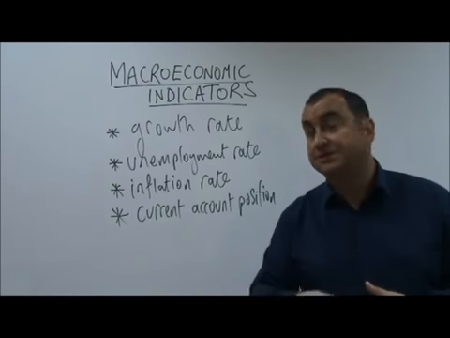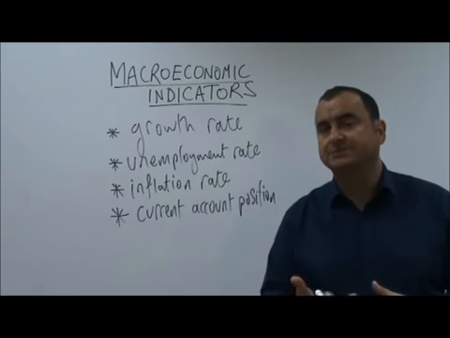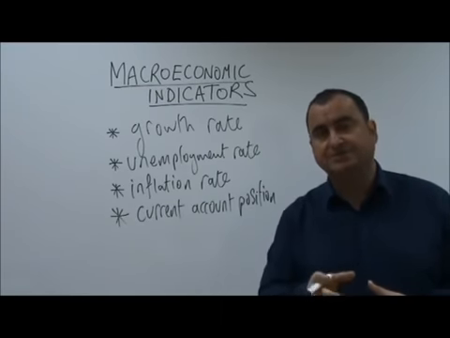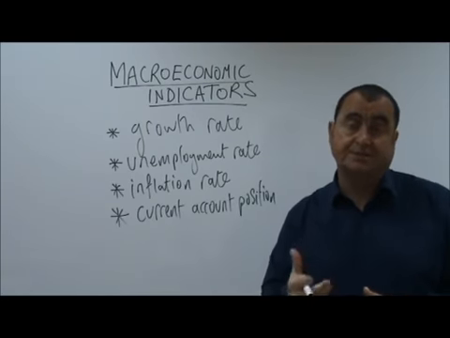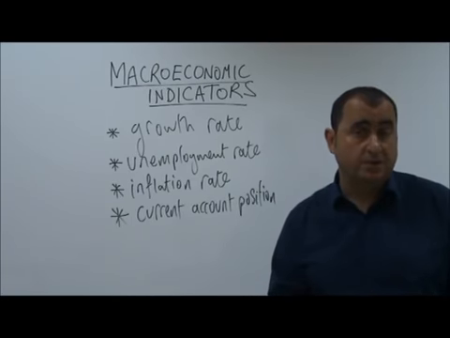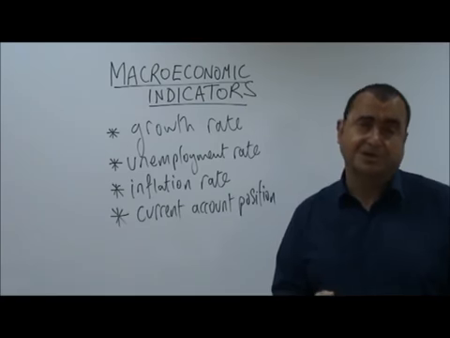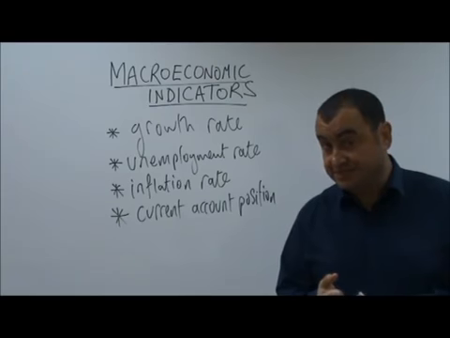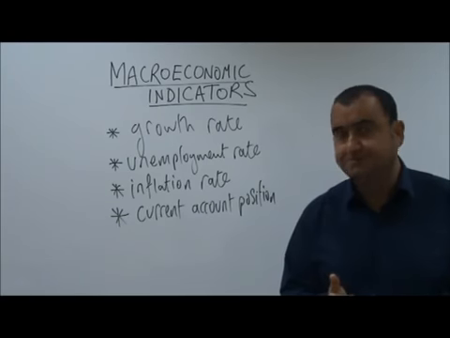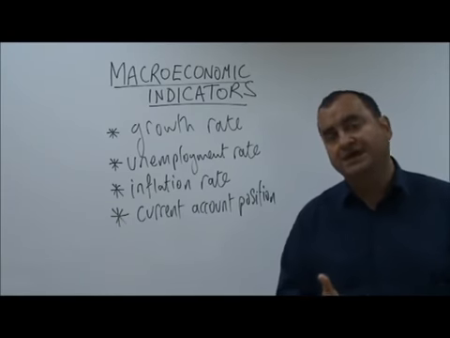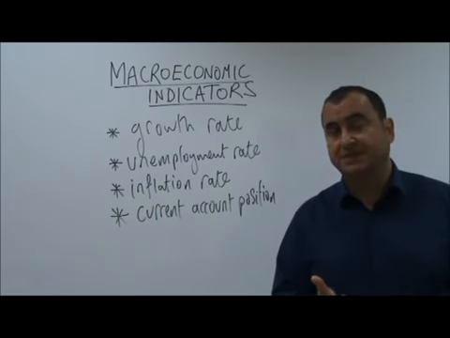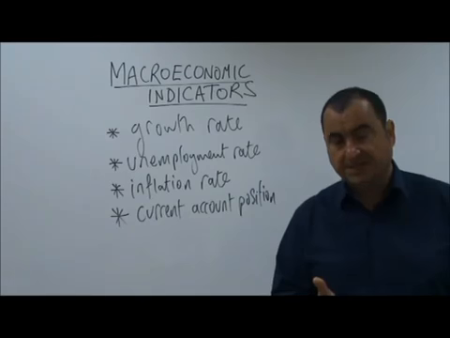And as you study the government's objectives when it comes to the economy, you'll learn that the government's economic objectives are based around these four indicators. They want strong growth rates, they want low unemployment rates, they want low inflation rates, but not too low, not zero, and they want a healthy current account position. They want to avoid large, persistent current account deficits.